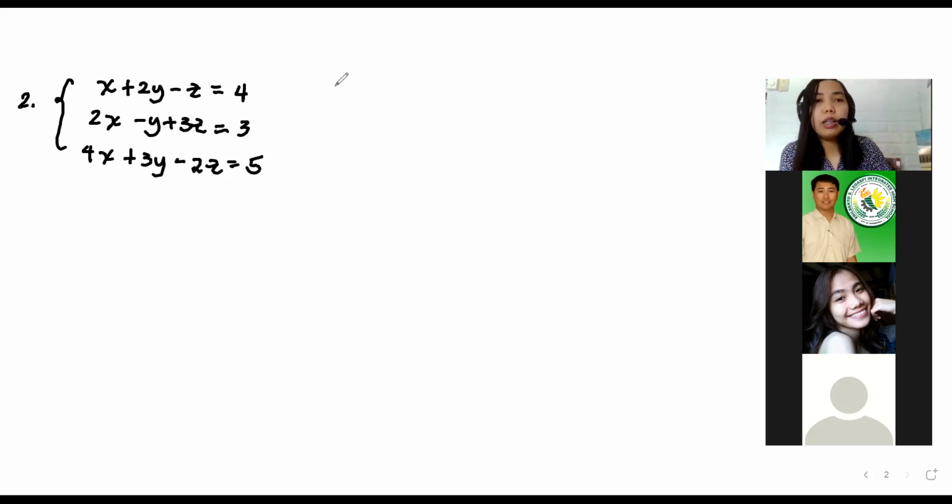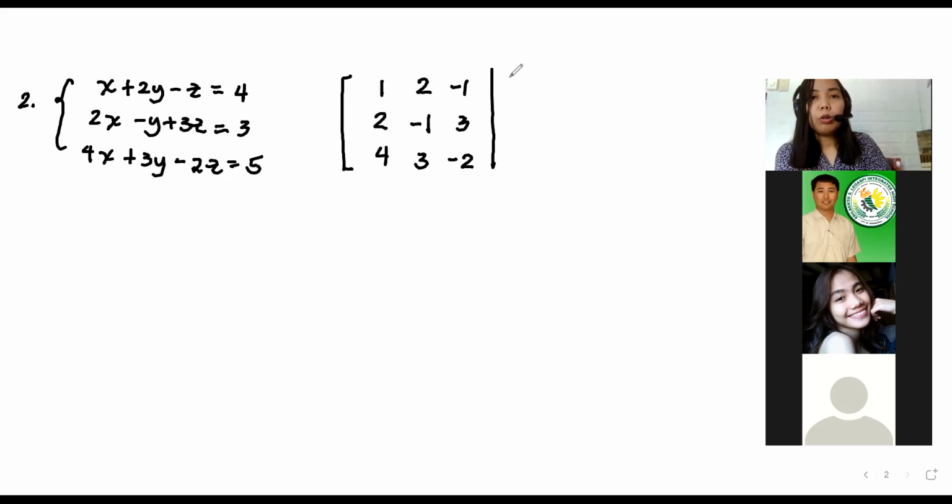So let's write this in matrix form. Since the given system is already in standard form, we can now transform this into a matrix. So we will have 1, 2, 4, 2, -1, 3, -1, 3, -2.